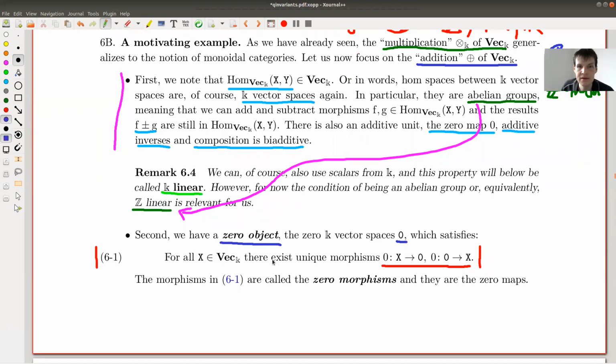We call this morphism, in this case, just the zero map, because what else can you do if you map from or into the zero vector space? So this is just the zero morphism.